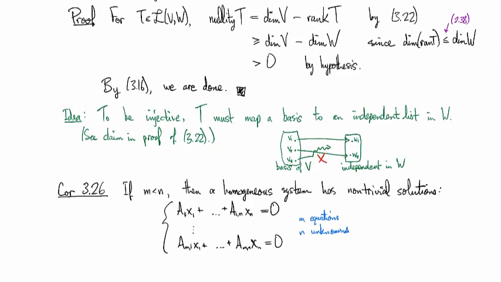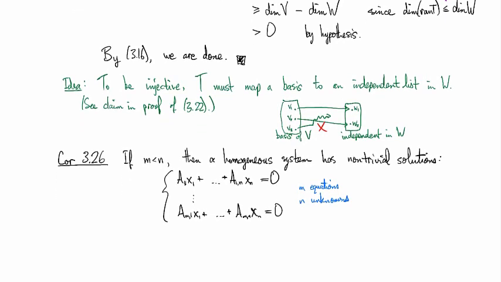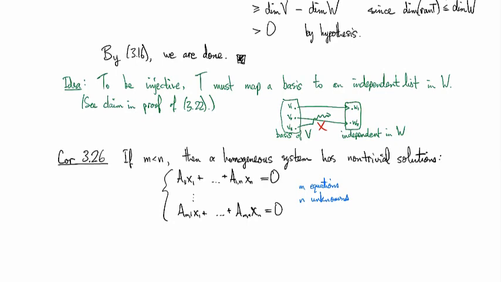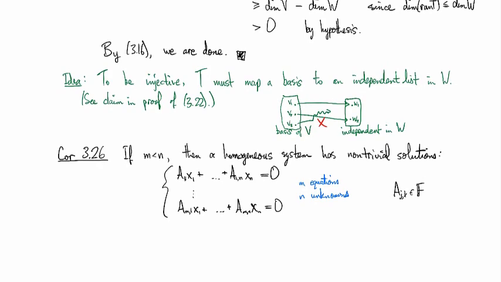Okay, so we've got a homogeneous system of linear equations with m equations and n unknowns, and we're saying that if m is strictly less than n, then it will have non-trivial solutions. And in case it's not clear, these are all scalars.